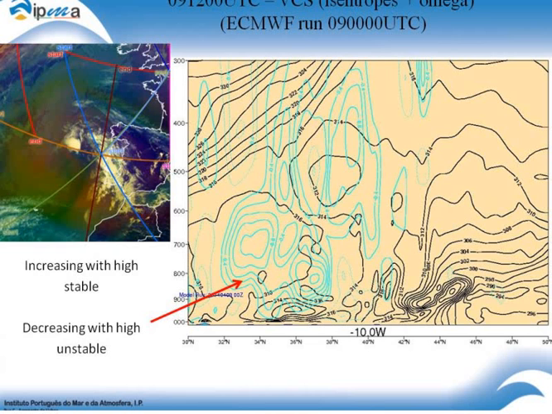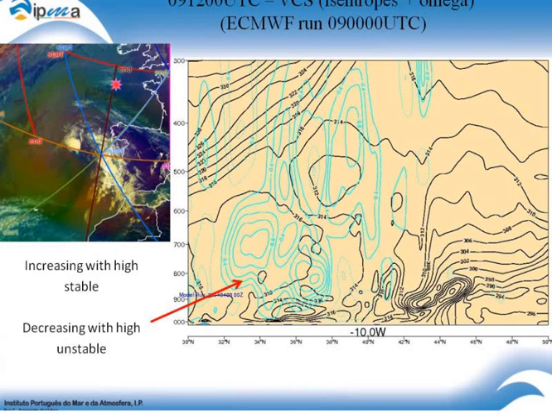Another way to see the instability is using the isentropes and the vertical cross section with the isentropes. In this case, we are seeing this vertical cross section here, and this helps to evaluate the static stability over this area.